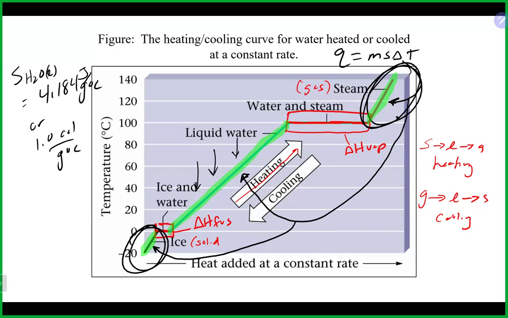It will have a different specific heat capacity. It's more like 2 joules per gram per degree Celsius for each of them. So if you're not doing liquid water, maybe going from solid all the way up to steam, you have to use the correct specific heat value. Any questions on that?